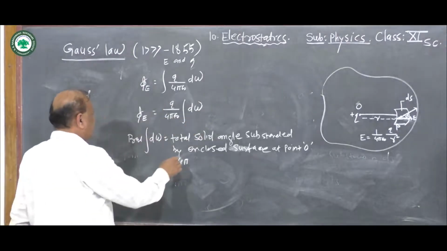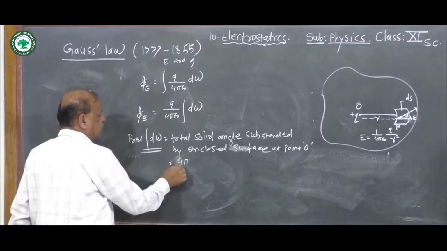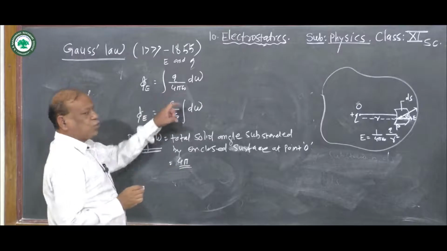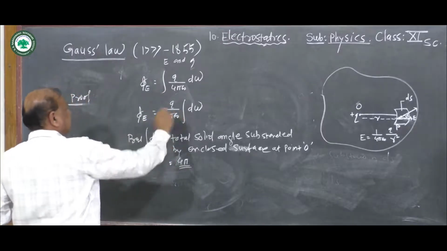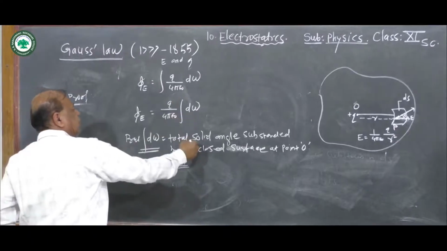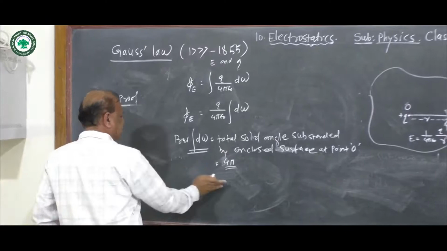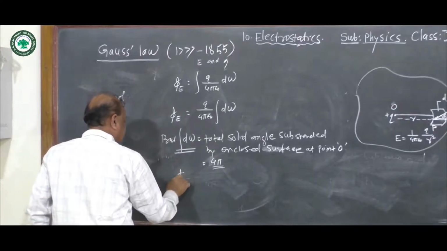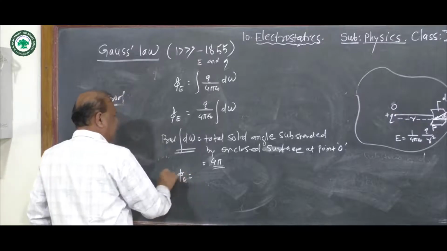Now put the value of the integration of d omega, which is 4 pi, the total solid angle subtended by that enclosed surface.